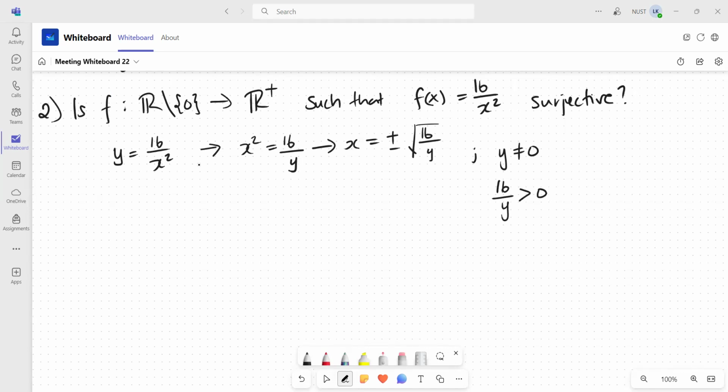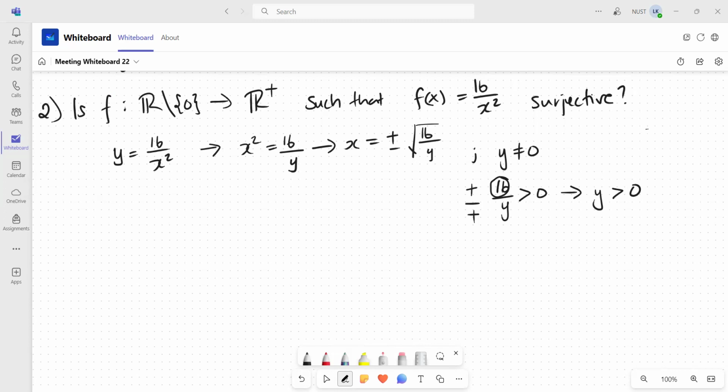So I say strictly greater than because it cannot equal 0, because 16 is not 0, so the denominator cannot be 0, so this must just be positive. Okay, then the only way for this to be greater than 0 is if y is greater than 0, because here I have a positive number, and if I want the whole fraction to be positive, I must divide a positive by a positive.